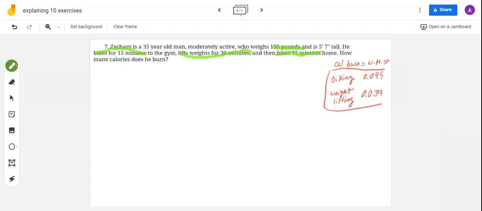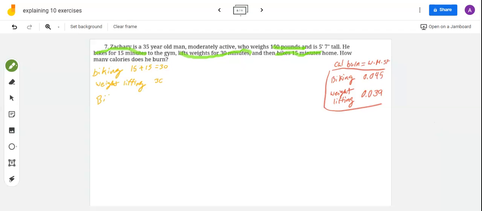So what we're going to do is the same way we did Caroline. So biking, 15 minutes plus 15 minutes equals 30. Weightlifting, 30.